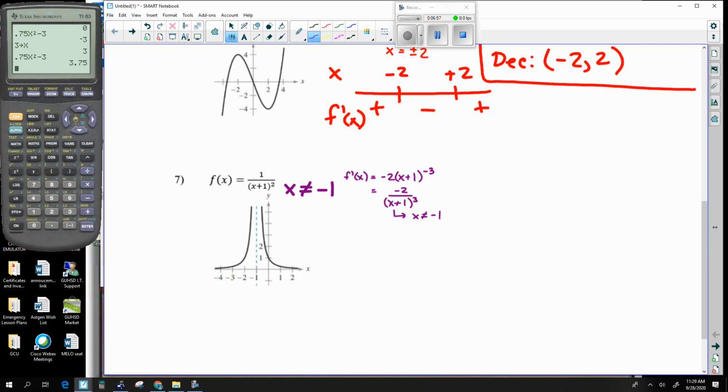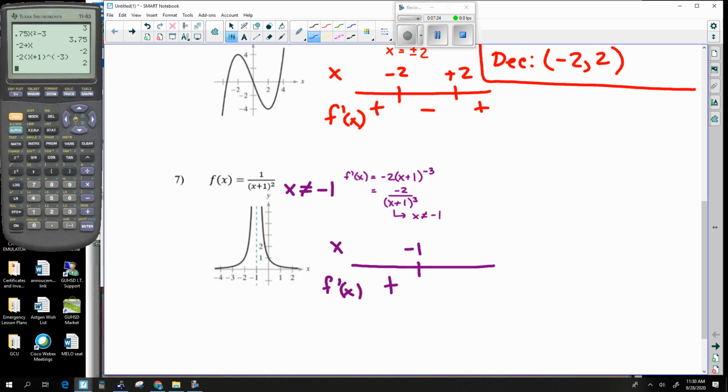All right, let's put it on the number line here. Again, I test any number less than negative 1, and I put that into the derivative, negative 2 times x plus 1 to the negative 3, and I get a positive number.